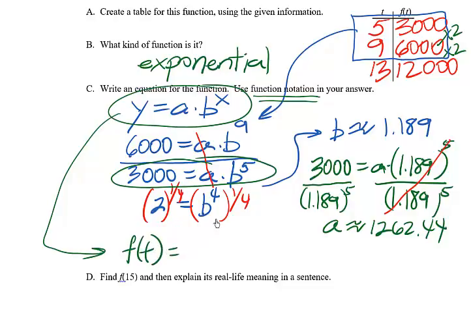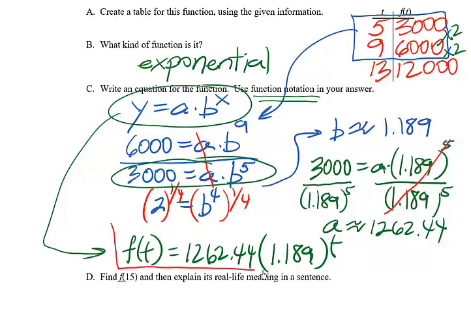A, we figured out, 1262.44. Times b, we figured out, 1.189. To the, normally we might write x, but in this problem we don't have x, we have t. Here is the final algebraic model for this situation.